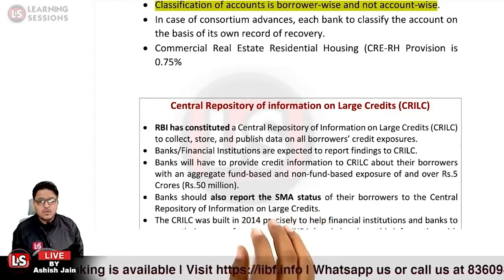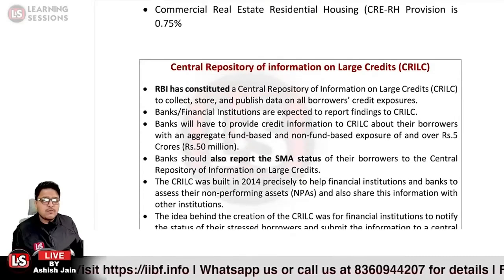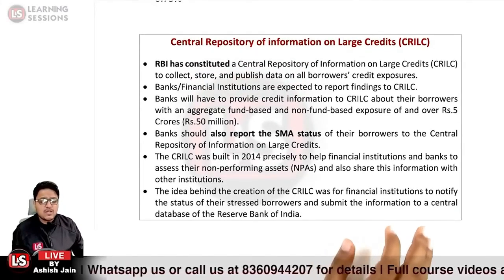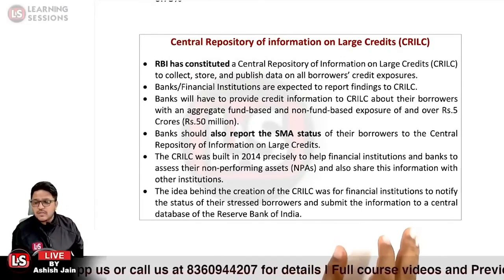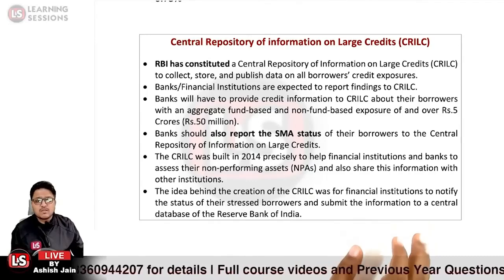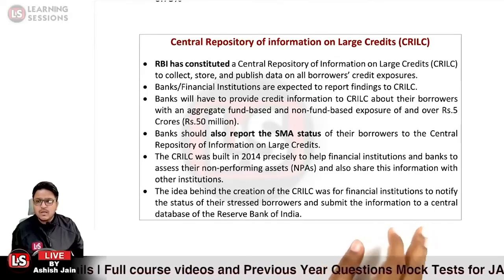The idea behind CRILIC was for financial institutions to notify the status of stressed accounts and submit the information to the central database of the Reserve Bank of India. That was the purpose of CRILIC.